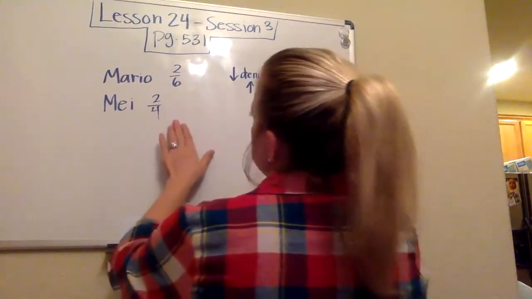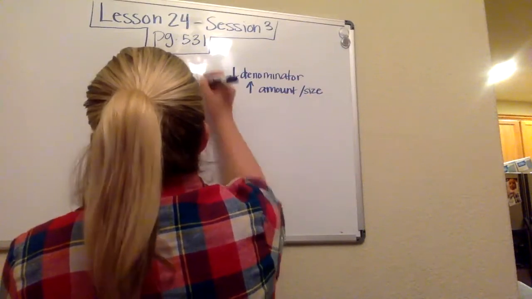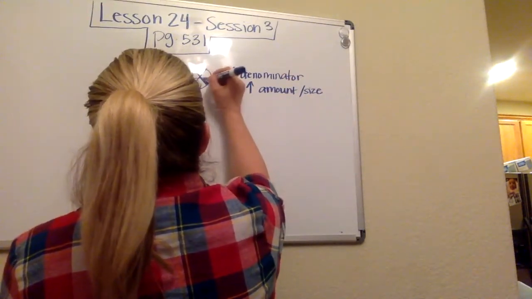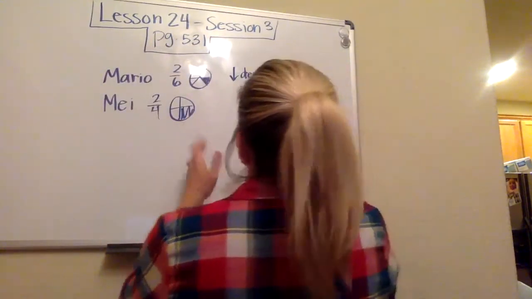So fourths are going to be bigger. Like this, that's bigger. This is a 1/6. Okay, so you can tell just with 1/6 and 1/4 that they're bigger.